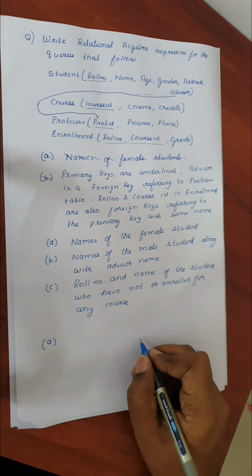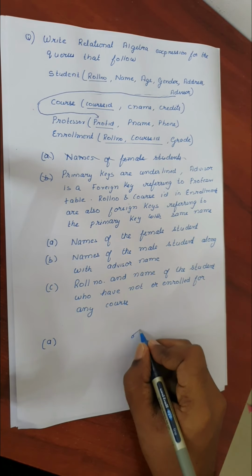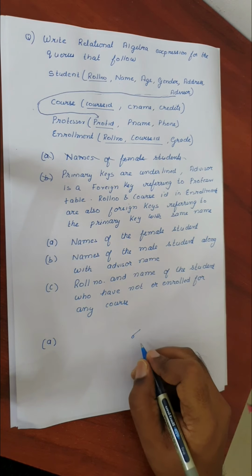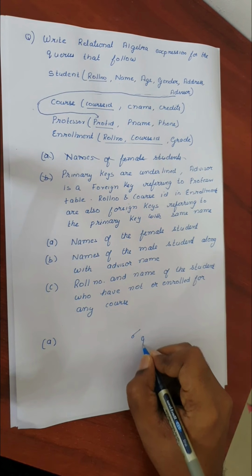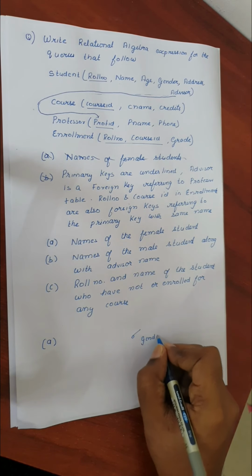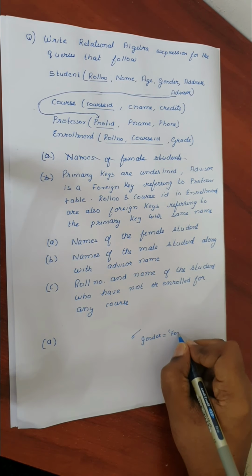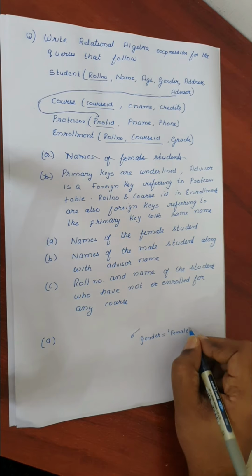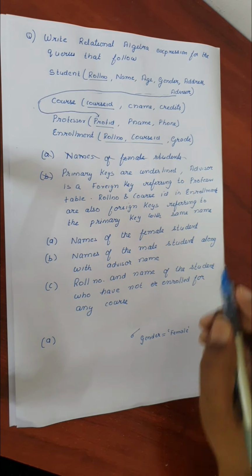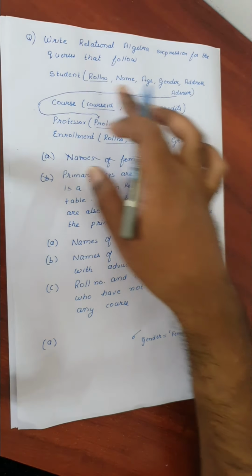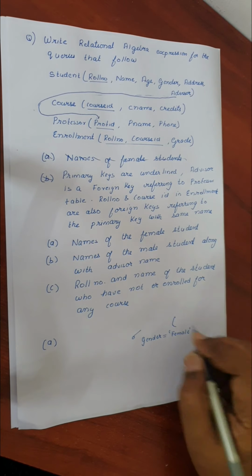Using the sigma operator we will select the tuples with gender equal to female, of the relation student.